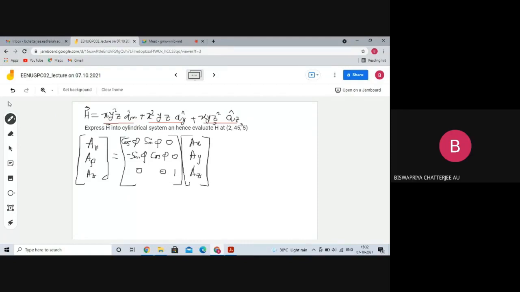So this matrix helps us to convert from Cartesian to cylindrical.